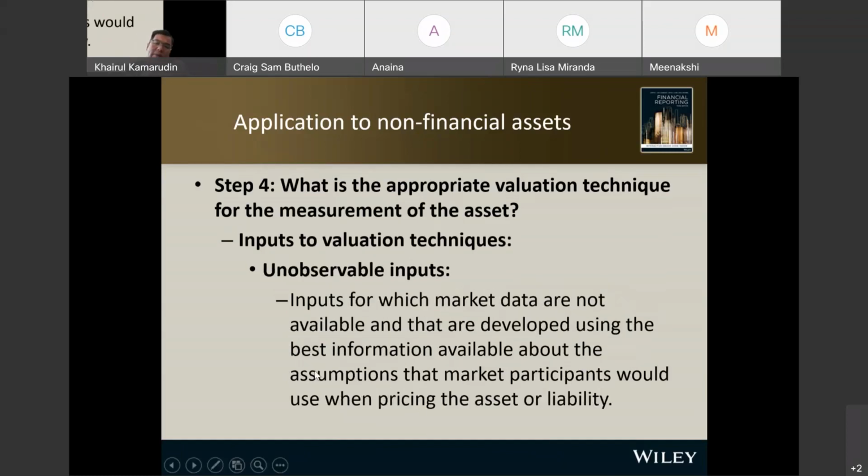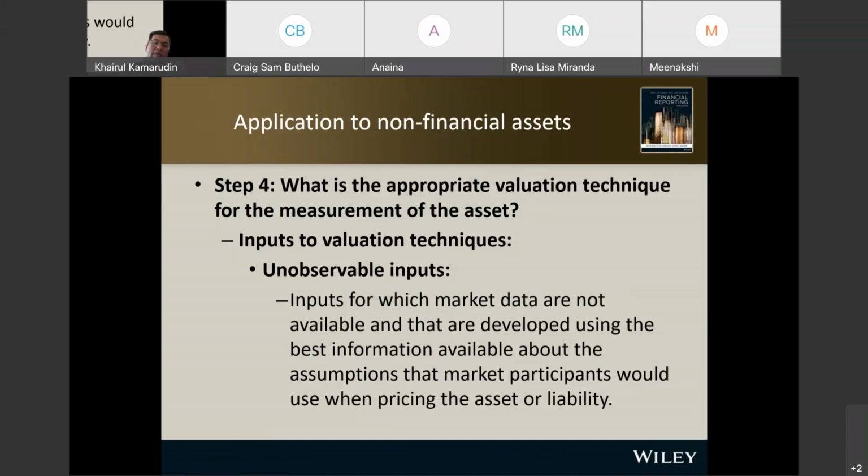But the most difficult will be the unobservable input, input for which market data are not available and that is developed using the best information available about the assumptions that market participants would use when pricing the asset or liability. So if you cannot have this information, you have to come up with your own judgment, intuition.